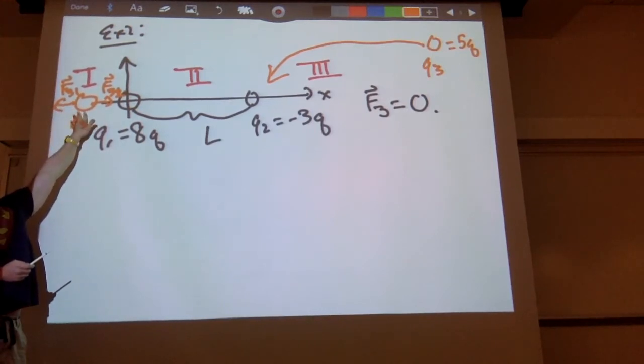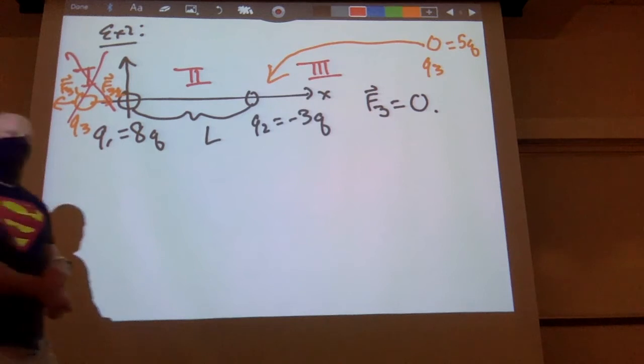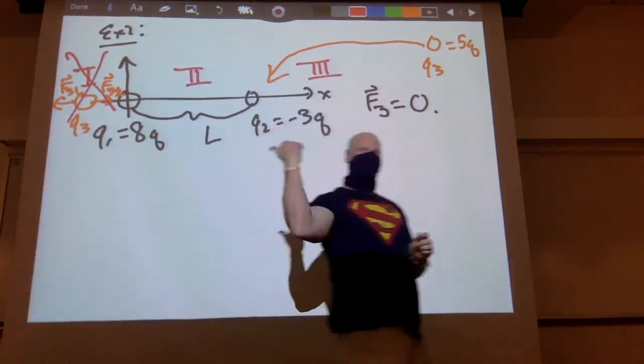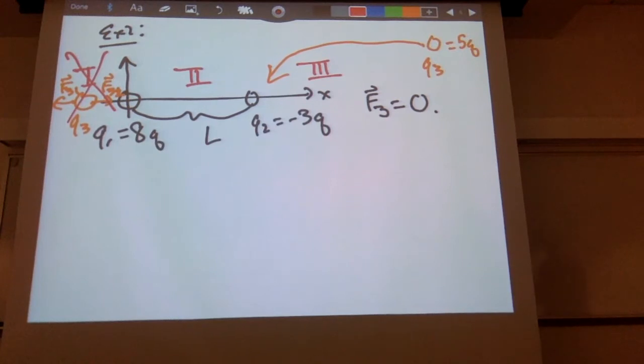There is no place over here, except at spatial infinity, where I could put this particle. Okay with this? So that tells me region 1 is gone. I cannot put it there because it's going to result in a repulsive force causing it to accelerate all the way to spatial infinity. Okay with this?